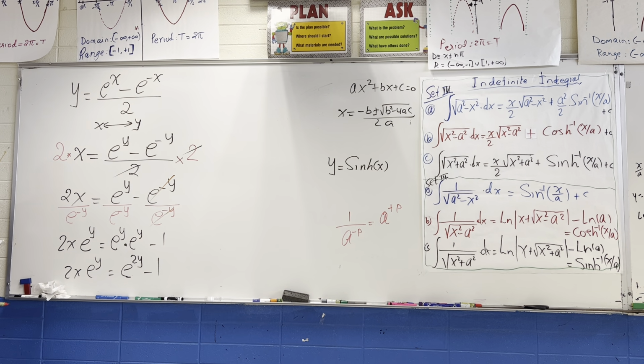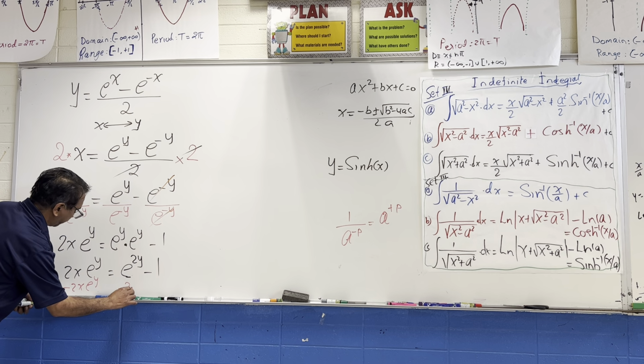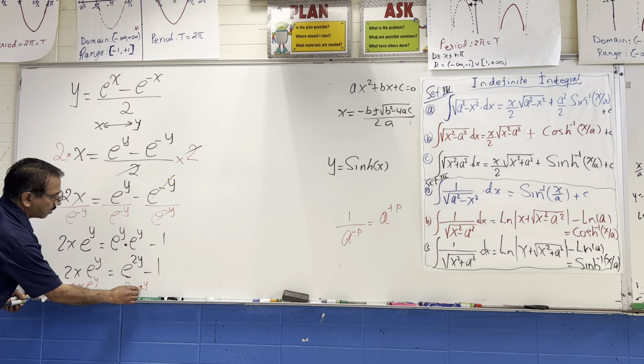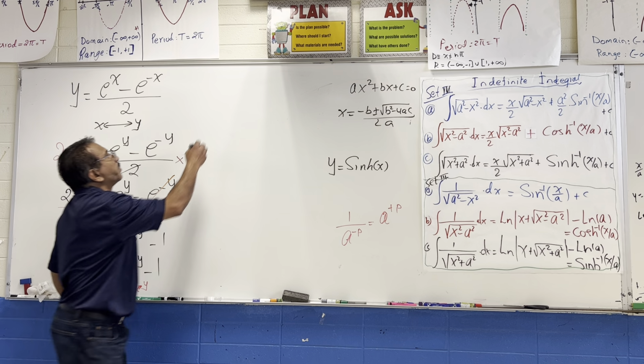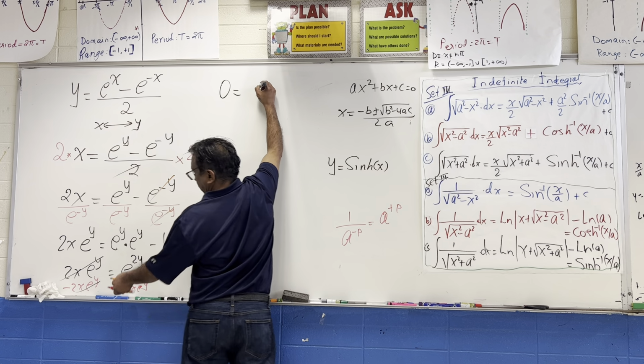Get everything on one side. So subtract 2x e raised to y from both sides, and this will cross out and get a 0 on the left. So that will be 0.